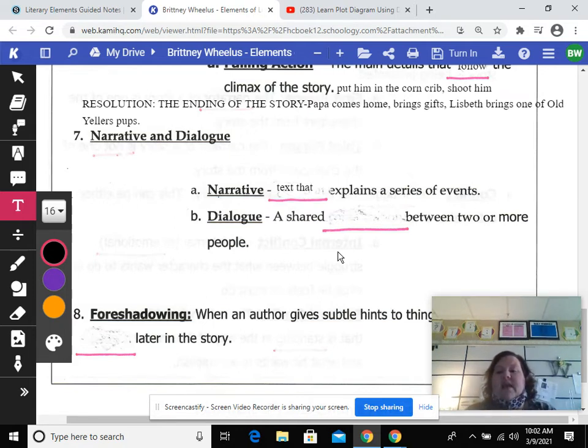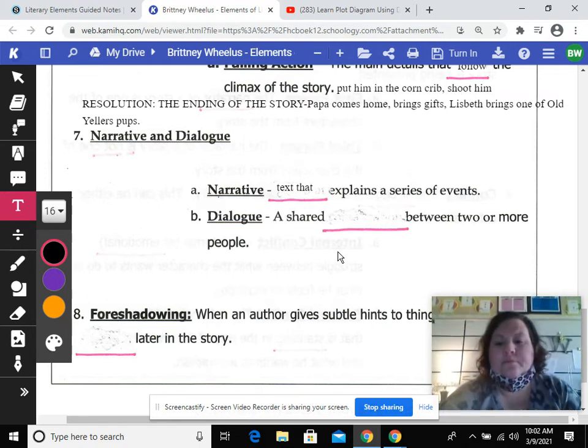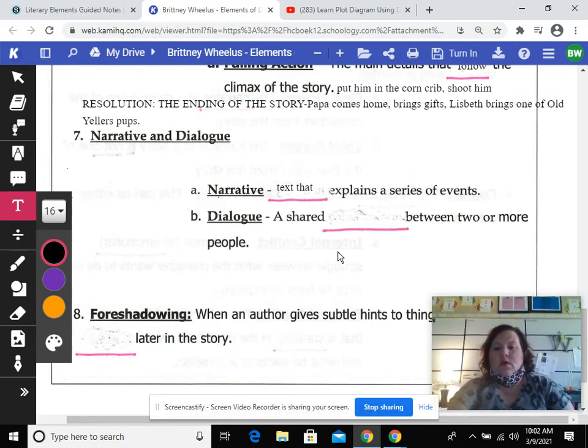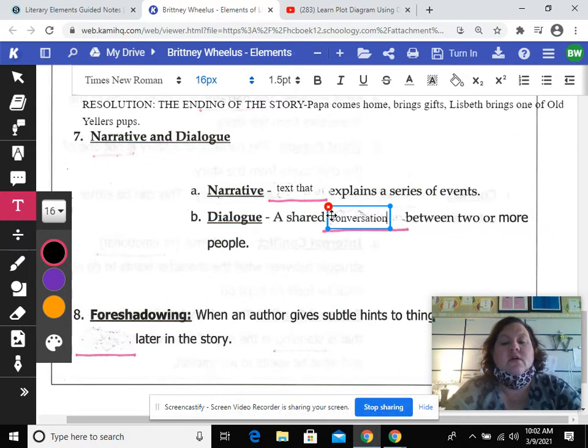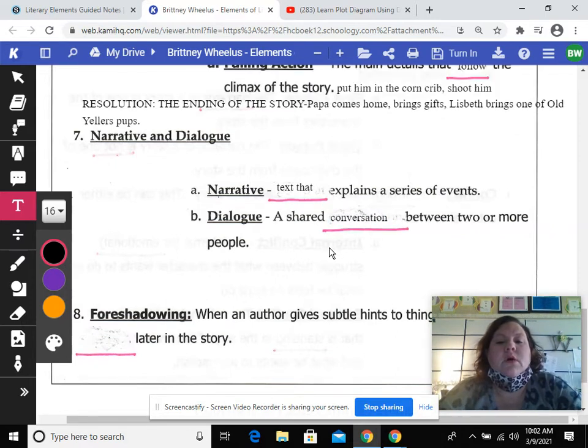Text that explains a series of events. All right, and then dialogue is a shared conversation between two or more people. A shared conversation between two or more people.